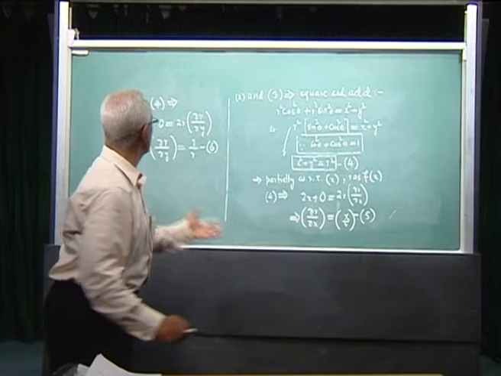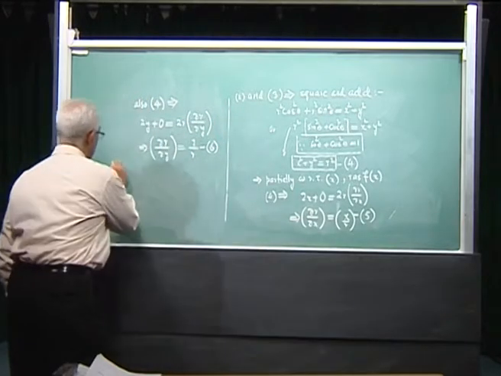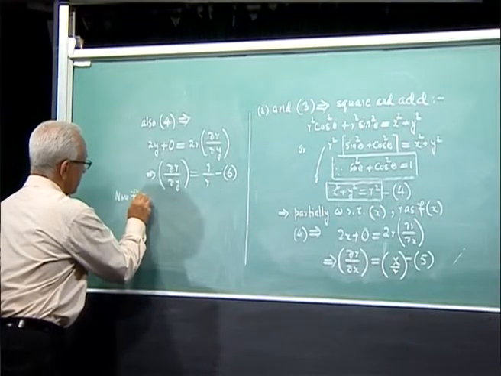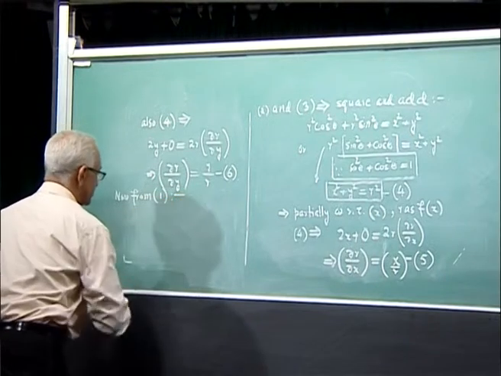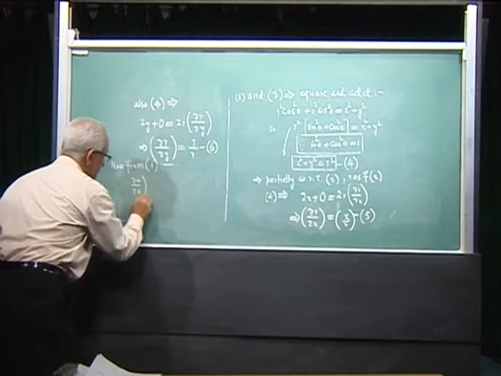So we will start with the given relation number 1. From 1, what we have is du/dx.